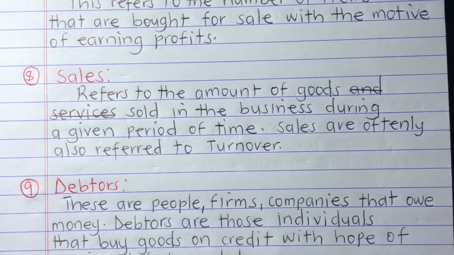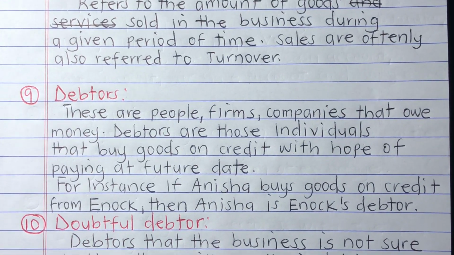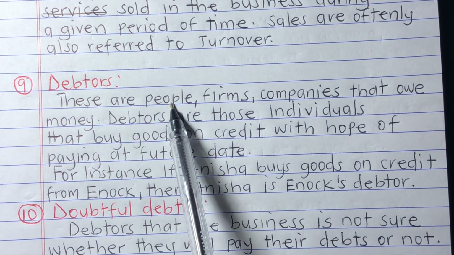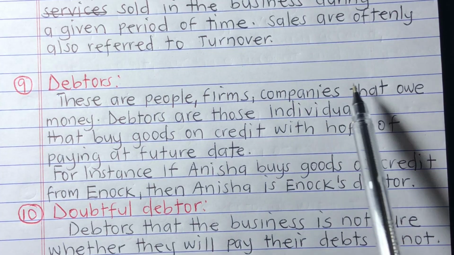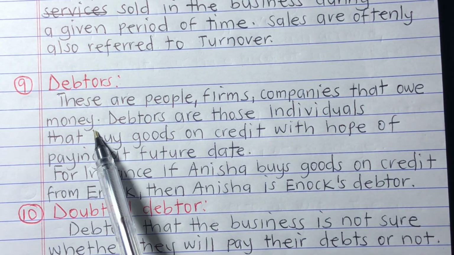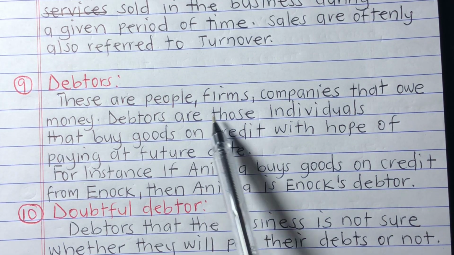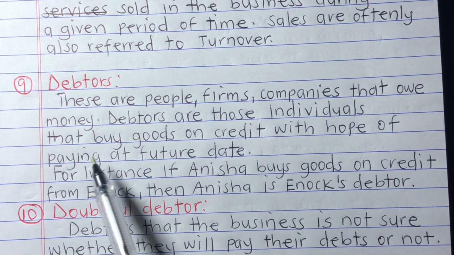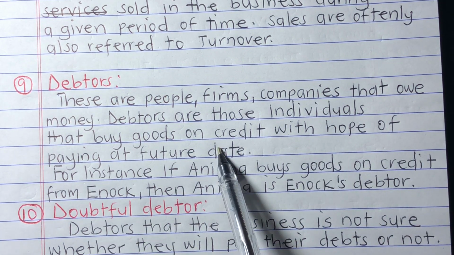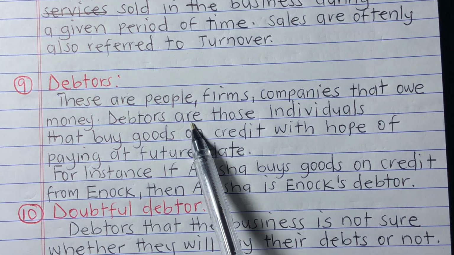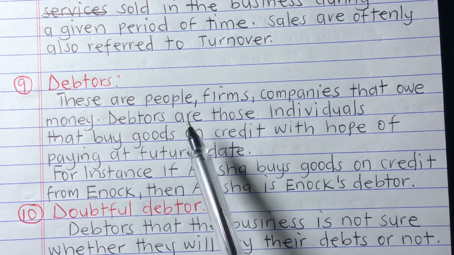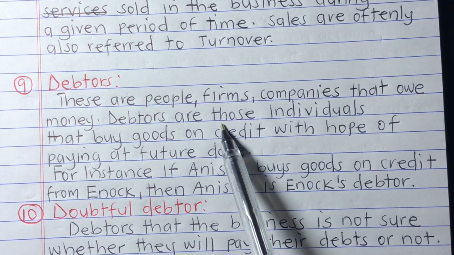So if you find the word turnover, it also means sales, those amount of goods sold by the business in a given period of time. Okay, then we have what we call debtors. Debtors, these are people, firms, companies that owe money. Debtors are those individuals that buy goods on credit with the hope of paying at a future date. If I own a shop and a friend of mine comes and takes goods without paying, he becomes my debtor, meaning I demand him.